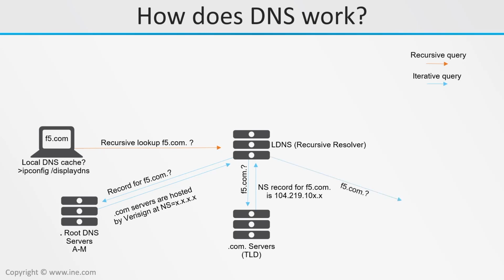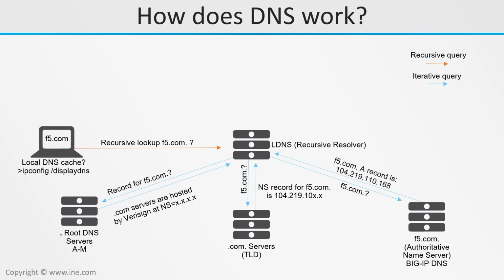So the local DNS server will send the same query again for f5.com to the authoritative name server, and this could be the BIG-IP DNS box, which we'll talk about. This actually carries the zone and is authoritative for responding to f5.com queries.